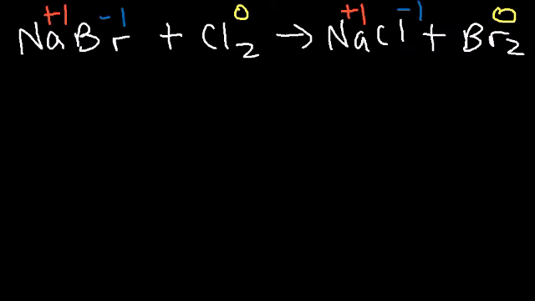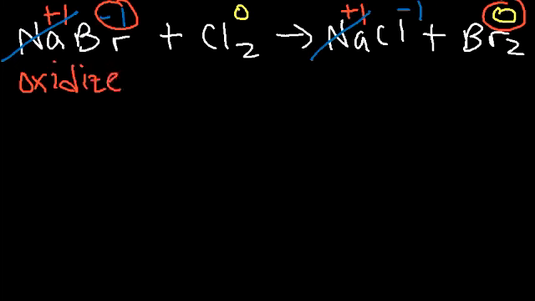Notice that sodium is the spectator ion. The charge on sodium doesn't change, so we don't have to worry about that. Now, notice that for bromine, the oxidation state increased and went up from -1 to 0. So therefore, we could say the bromide ion within sodium bromide was oxidized.